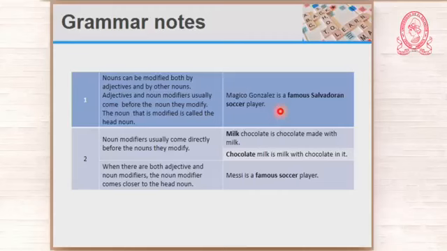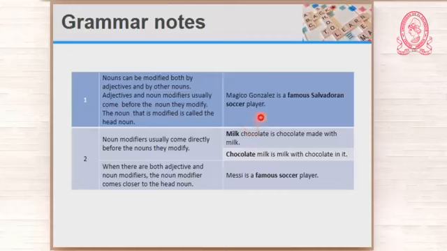Mágico González, famous Salvadoran soccer or player. Yes, it is the last word, it is player. Question, what is the position of the modifiers? Yes, they are before the head noun.